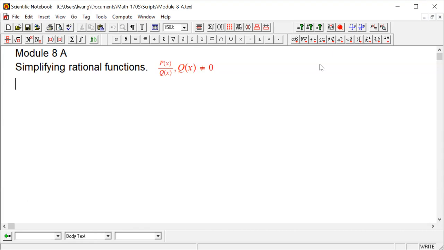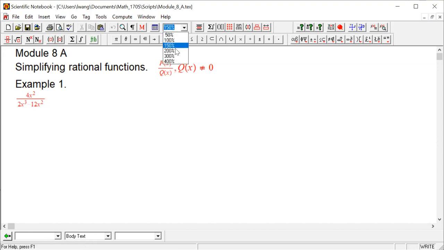The process of simplifying often involves factoring and simplifying. Take the first example. Suppose we have a rational function, 4x squared divided by 2 times x raised to the power 3 minus 12x squared.